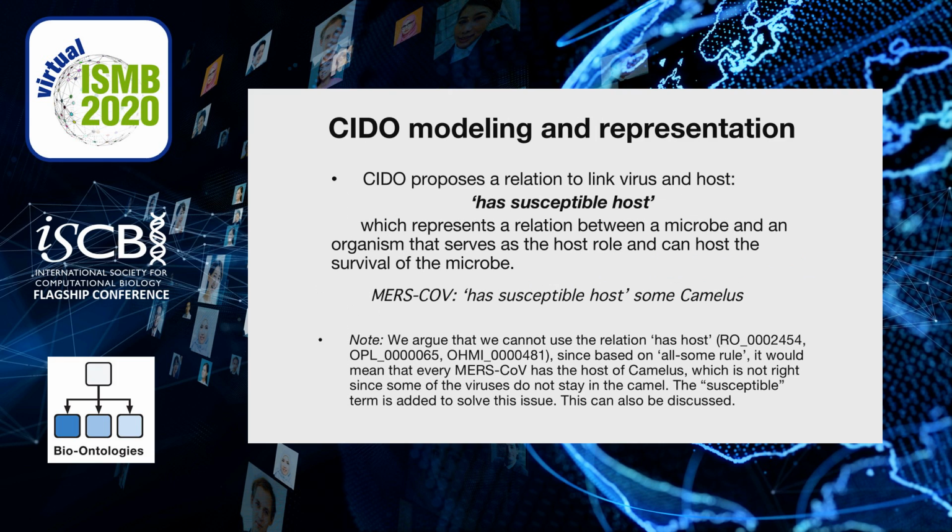CIDO proposes a relation to link the virus and the host, which represents a relation between a microbe and an organism that serves as the host and can support the survival of the microbe, such as MERS-CoV has susceptible host, camels.